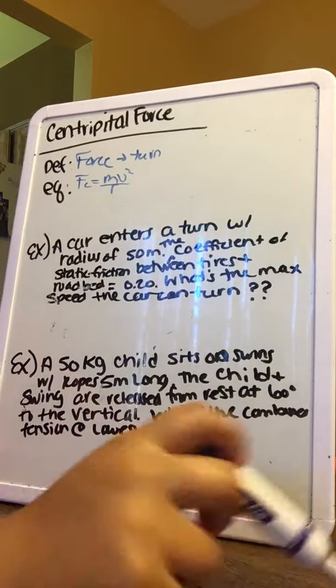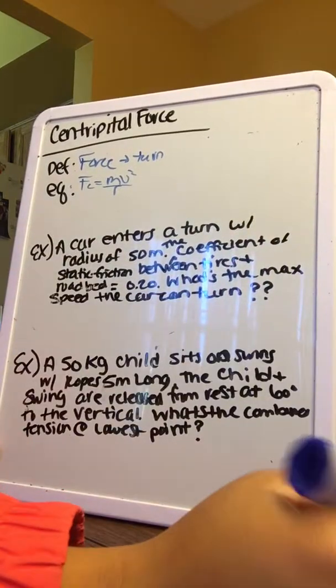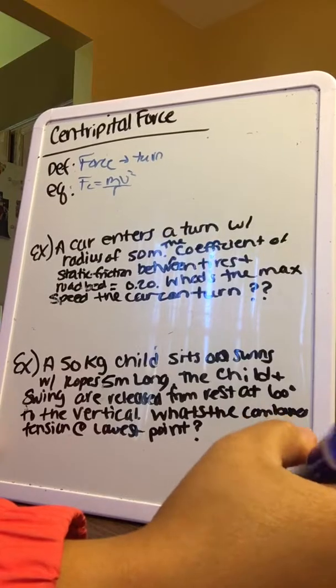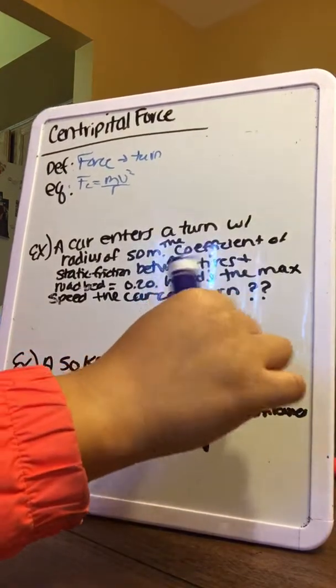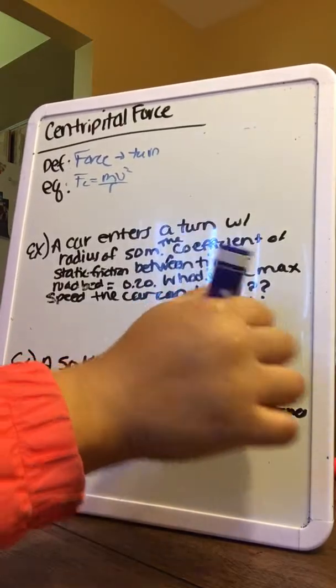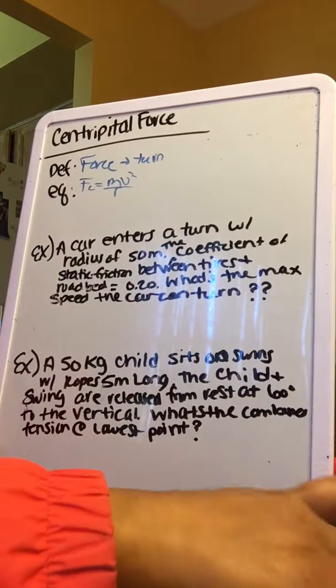Like I said before, this is a measurement which the other forces must supersede in order for it to cause an object to go in a circle or a turn.